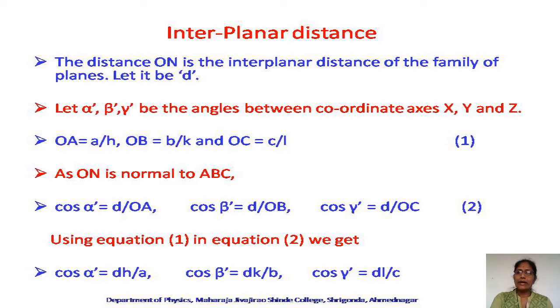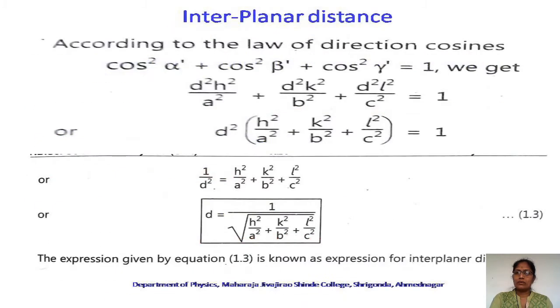Now we know that cos square alpha plus cos square beta plus cos square gamma is equal to 1. Therefore, we will try to solve this by substituting the values of cos alpha dash, cos beta dash and cos gamma dash in this.